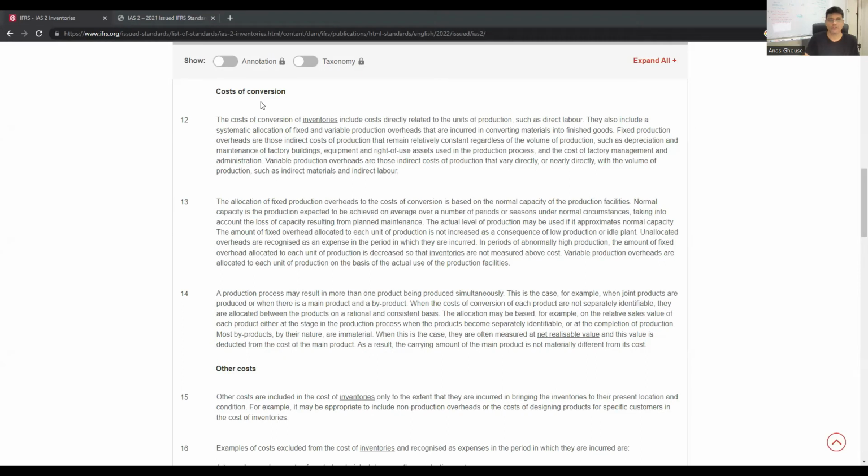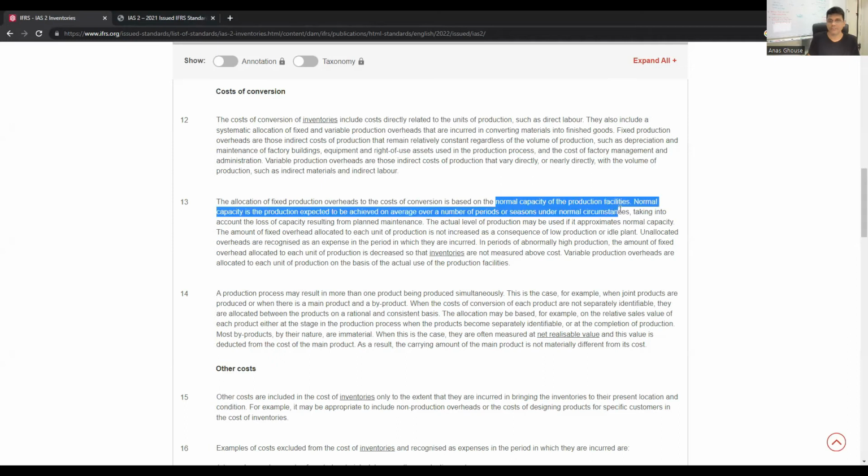If you go to cost of conversion, point number 13, you can see the allocation of fixed production overheads to the cost of conversion is based on the normal capacity of production facilities.